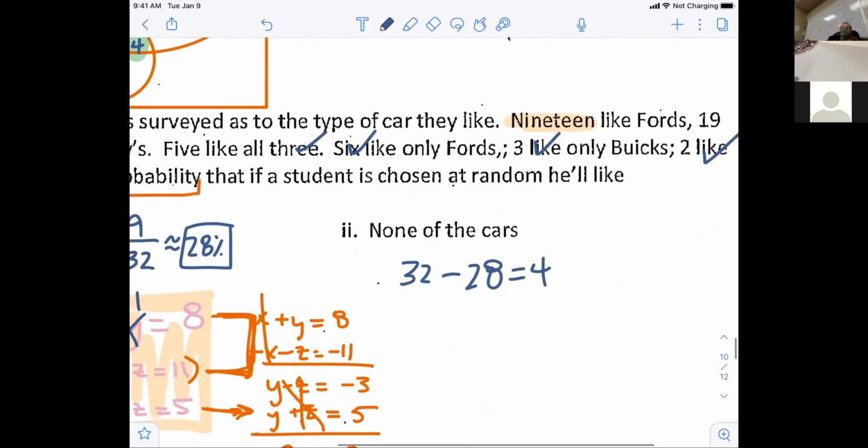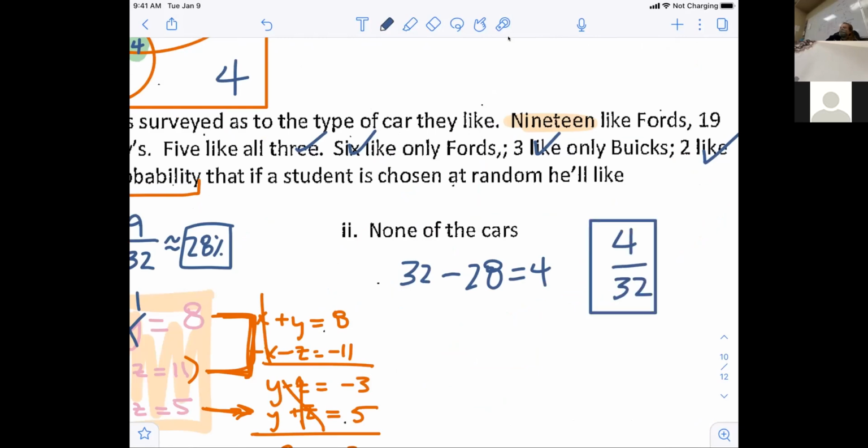I'm actually going to put that in the corner. And so what's the probability that a student will like none of the cars? What over what? Good. And again, if I did a percentage of that, it's like 1 over 8, or about 13%.